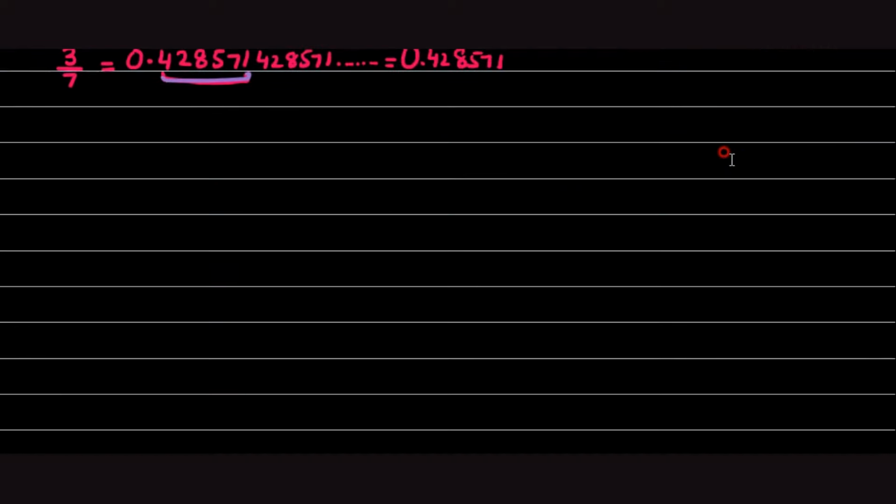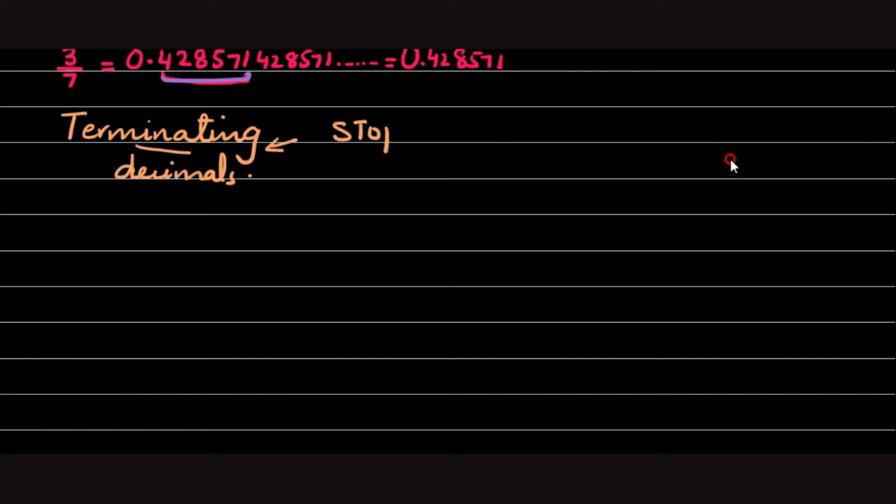Let's explore a few more types, and that is terminating decimals. As the name is showing you, terminate means they will stop somewhere. Let's have a few examples. 5 upon 8.